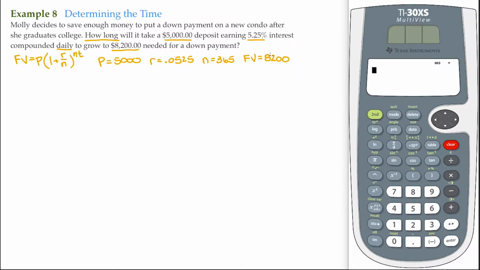So we'll take our future value, our $8,200. That's going to be equal to our principal, $5,000, times 1 plus the rate, 0.0525, divided by the pay periods, 365.